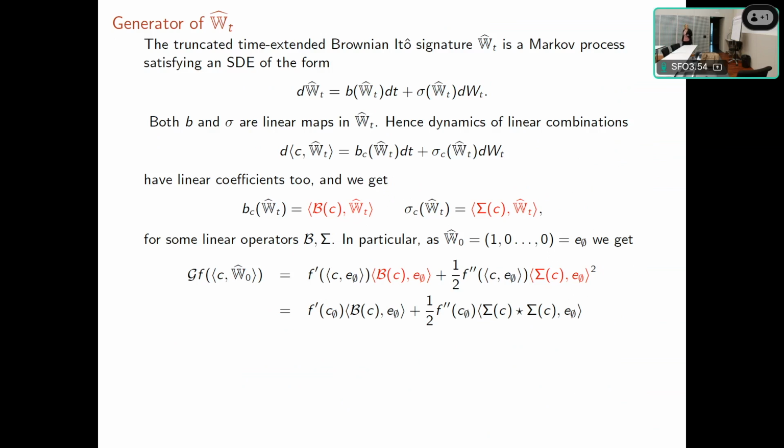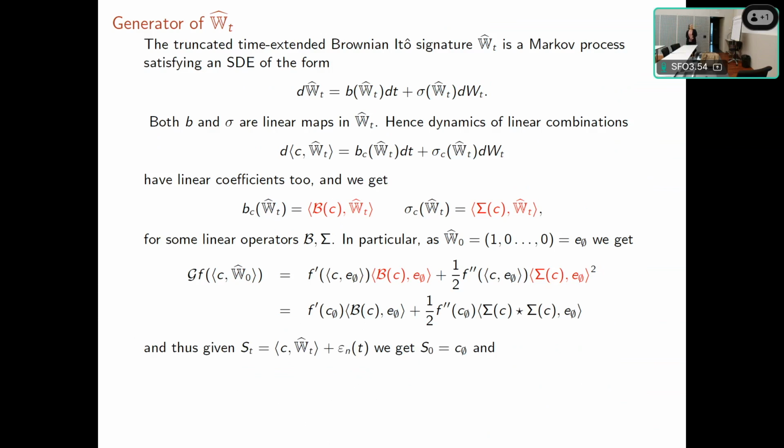If we now want to take the pairing with the signature at time 0, if you remember, that was just 1 and then 0, 0, 0. So when we take this pairing, what we are doing is in fact selecting the very first component of C, because the coefficient of everything else will be equal to 0. And so we just need to evaluate the derivative in C0.